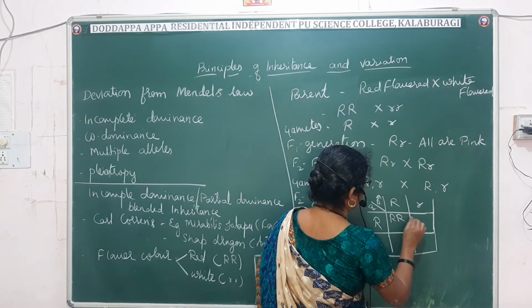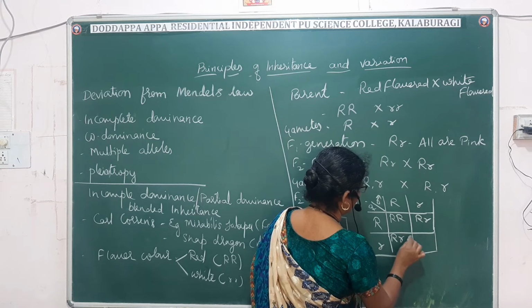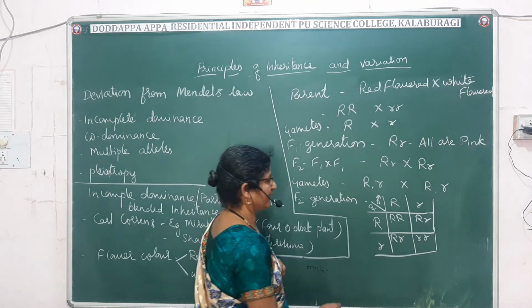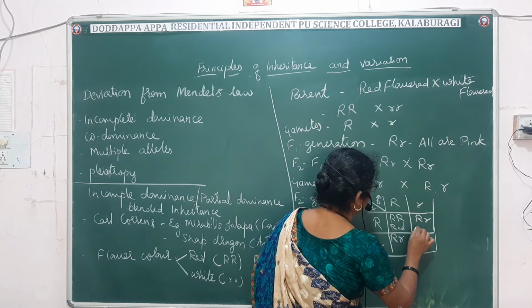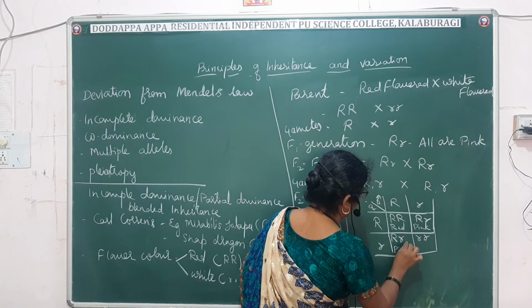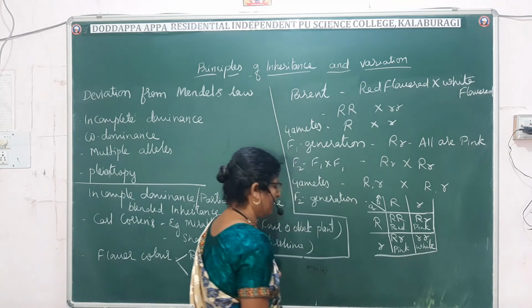Capital R, capital R, capital R, small r, capital R, small r and small r, small r. Let me write the phenotype. Here it will give red flowered plants, pink flowered plants, pink flowered plants and white flowered plants.